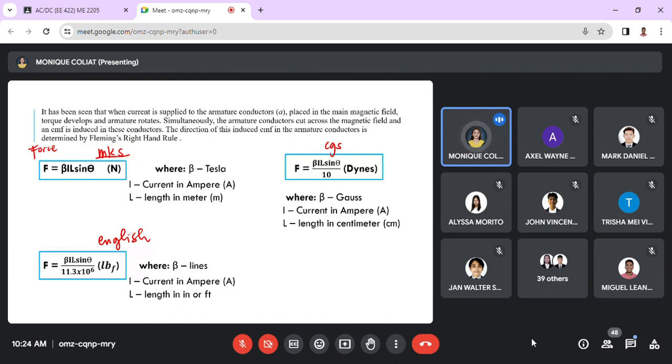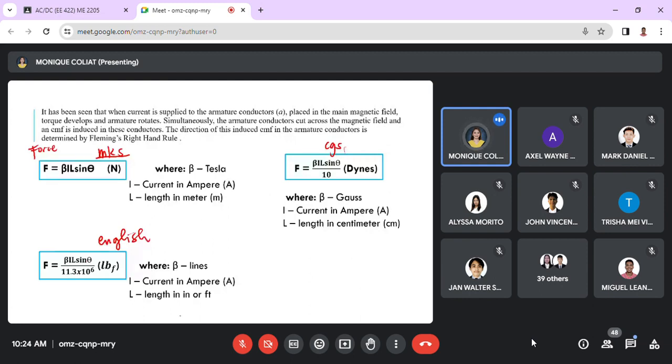Then in English, we have F = BIL sine theta over 11.3 times 10 raised to 6, which is in pound force, wherein your flux density is in lines per square inch, I is your current in ampere, and length is in feet or inches. Okay, so that is how you get force or the direction of the armature conductors.